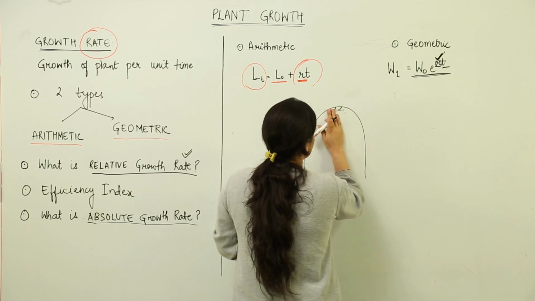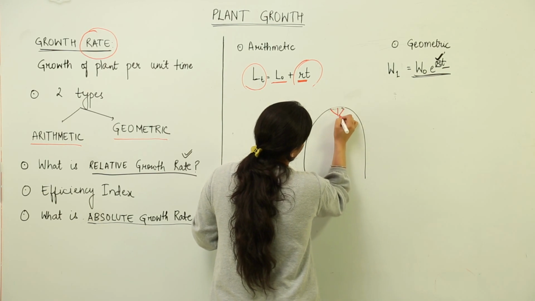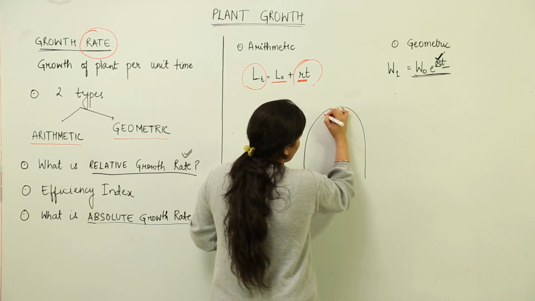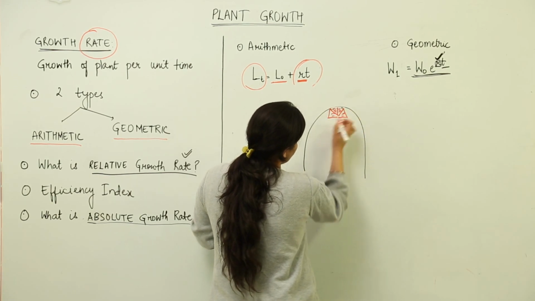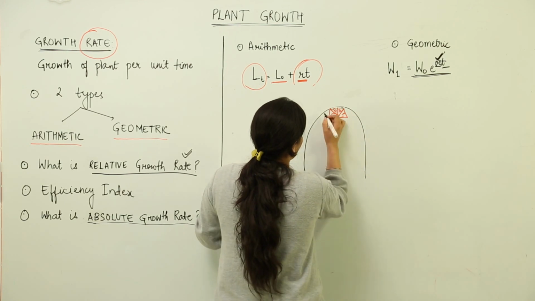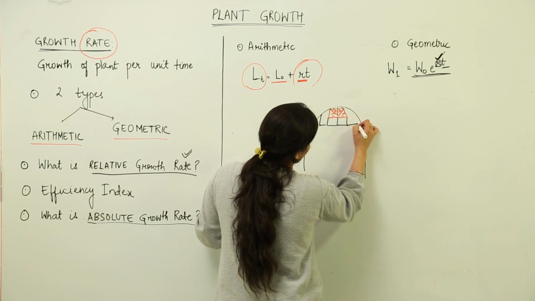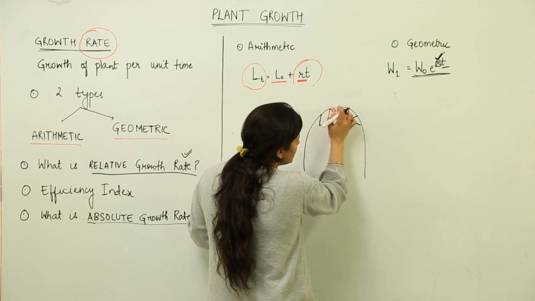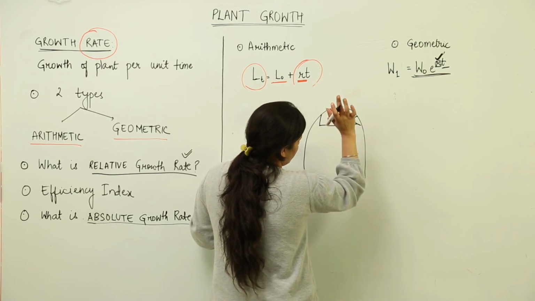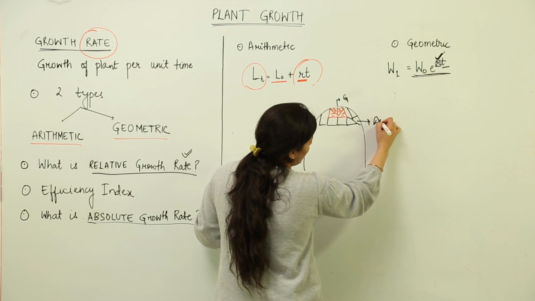I am going to use the old color convention which we used earlier. These red ones are meristematic cells. They are adding cells, and these would remain meristematic. The rest of the cells being added are showing geometric growth, and these would be showing arithmetic growth.